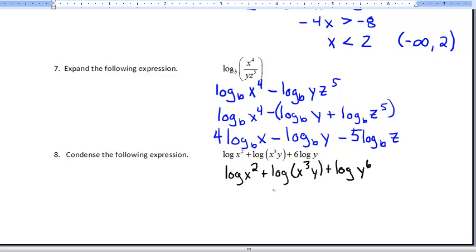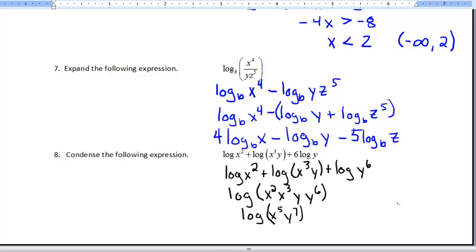We could do it one at a time, or we could do it all together. We'll go ahead and do it all together. So because it's all multiplication, we're going to have x squared, x cubed, y from there, and then y to the 6th from the last one. And the last step would be to simplify all this, and we get log of x to the 5th, y to the 7th. And that would be our final answer.